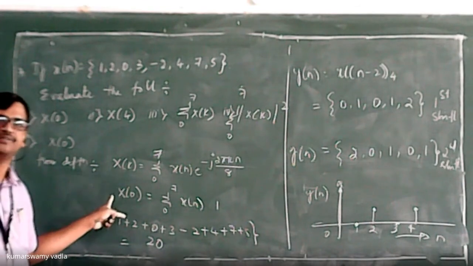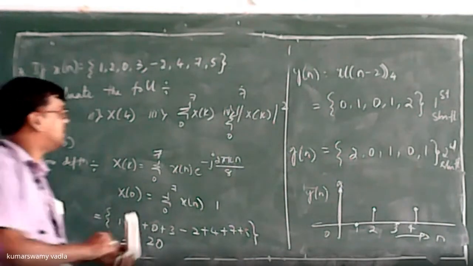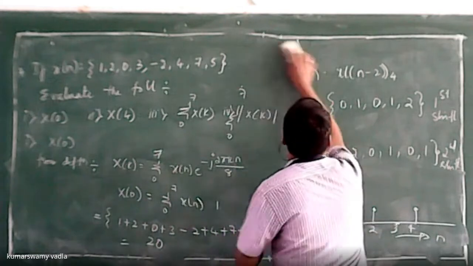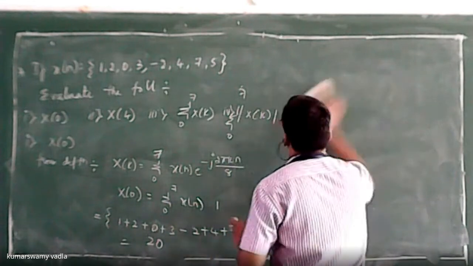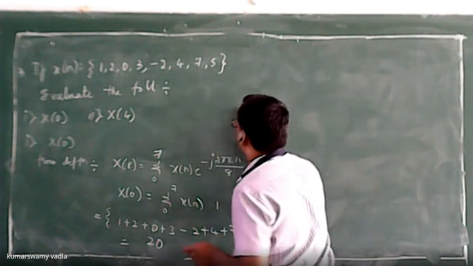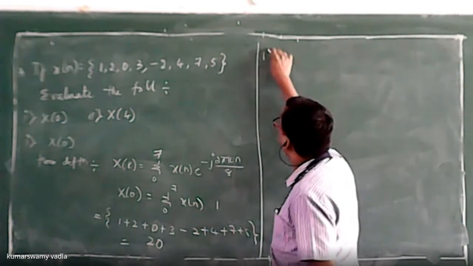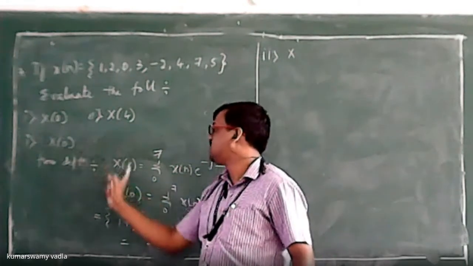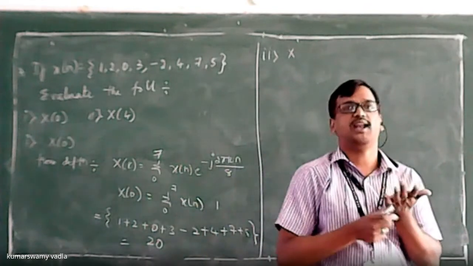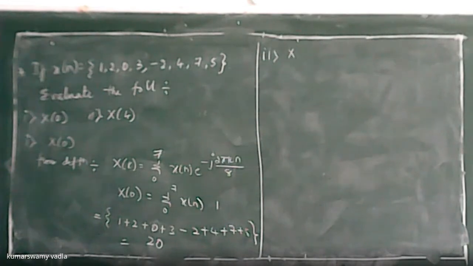That was the first sub question. I'll go for the second one, which is X of 4. As we took k equals 0 before, similarly we can do it for capital X of 4 by substituting k equals 4.